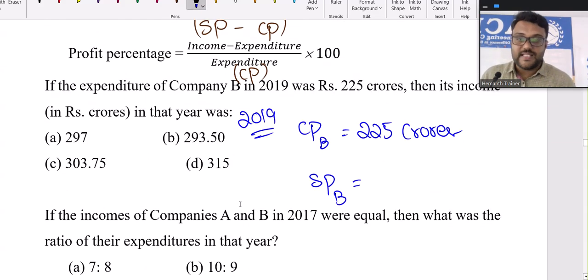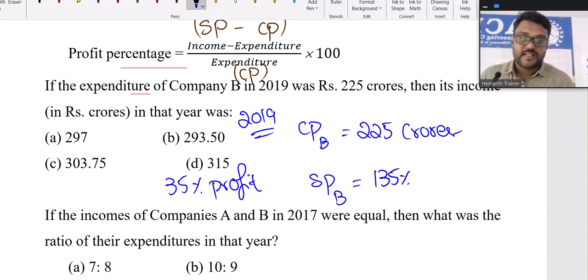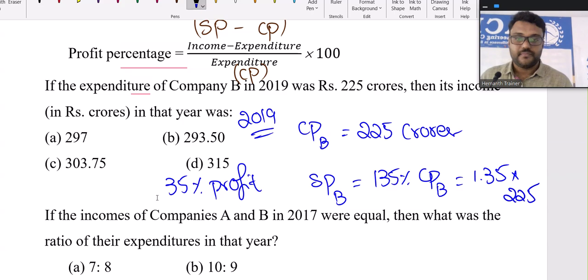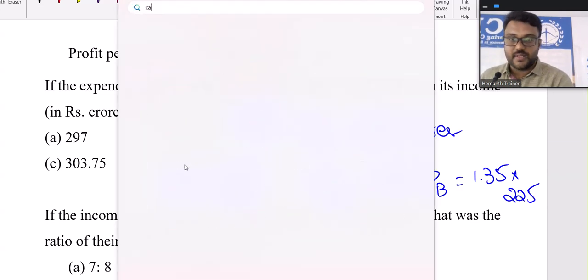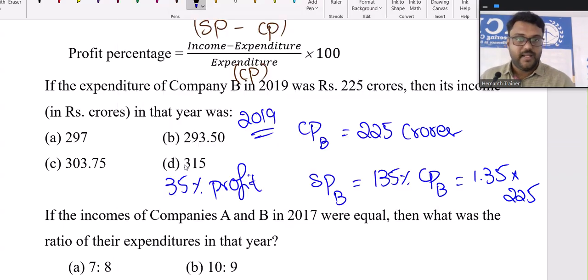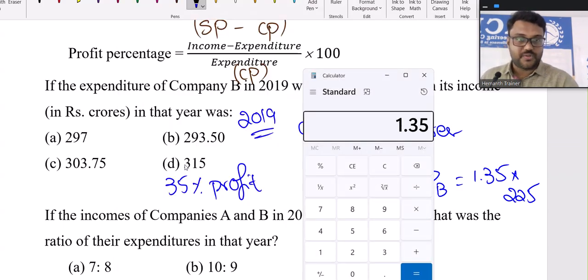So as it is 35% profit, SP is equal to 135% of CP. 135 divided by 100, you can write 1.35. 1.35 into 225, you can check with the calculator, no problem. Virtual calculator is allowed.